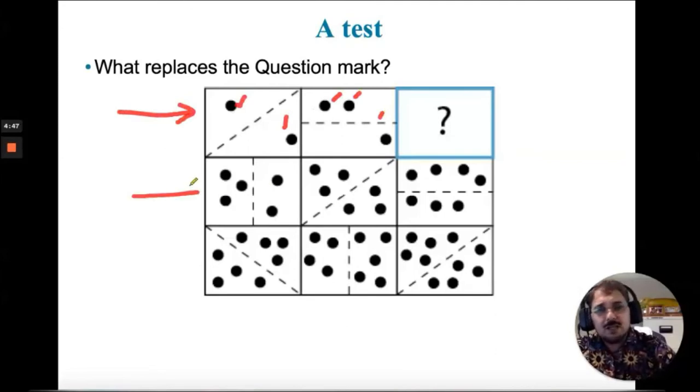In the second row the same pattern is there. This one has 5, the other one has 6, the other one has 7. So from left to right the dots are increasing by one, right? So if it is increasing by 1, here are 2, here are 3, here should be 4, right?